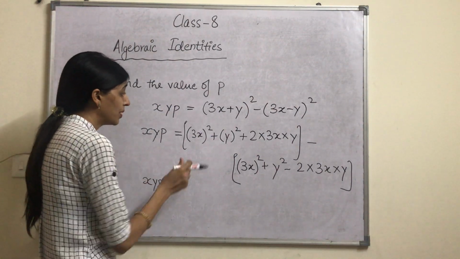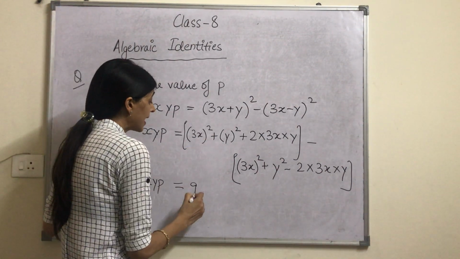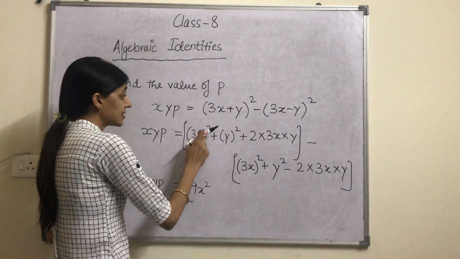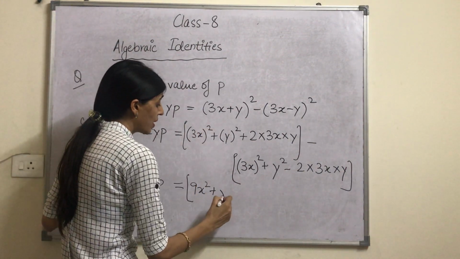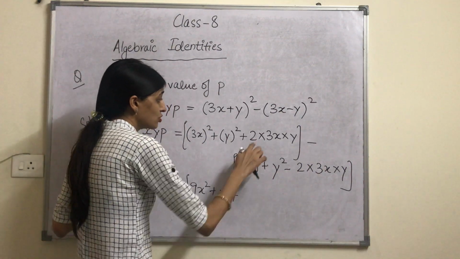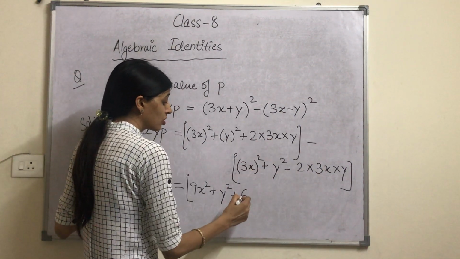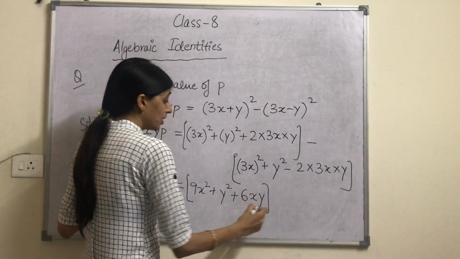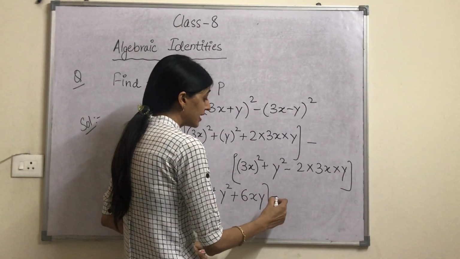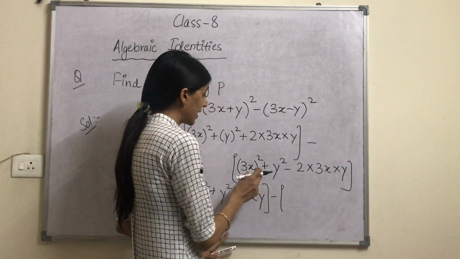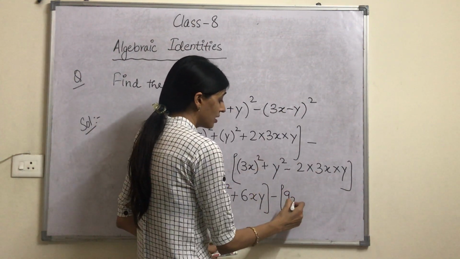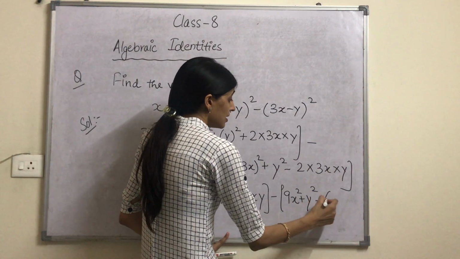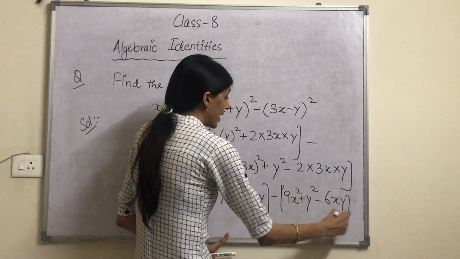So XYP comes out to be, what is A square? 9x square. 3 3s are 9, x square, plus y square, plus 2 3s are 6, multiply the constants and then the variables x, y. Put it in a bracket, negative sign, take another bracket, 9x square plus y square minus 6xy.